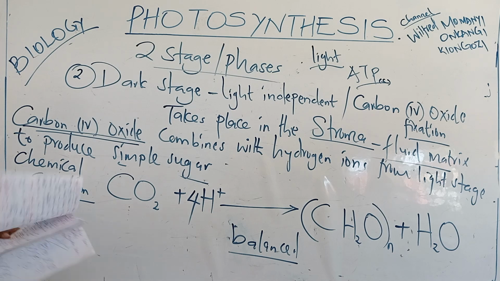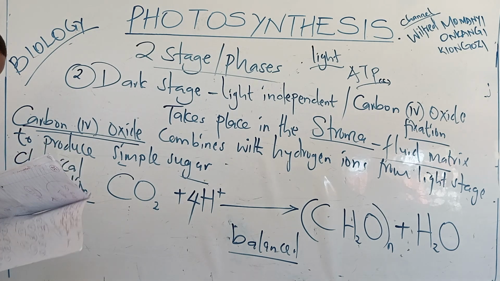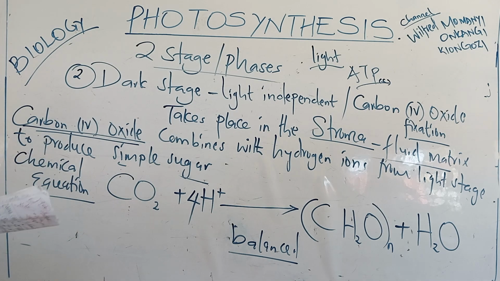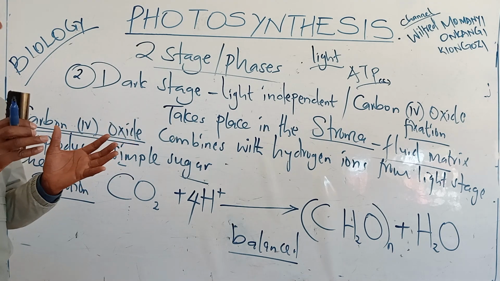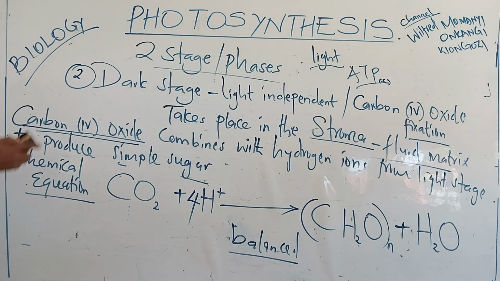The last thing now, before we wind up this chapter, is to talk about the general equation of photosynthesis, whereby we shall now write the 2 raw materials reacting to give us the end product of the whole process.